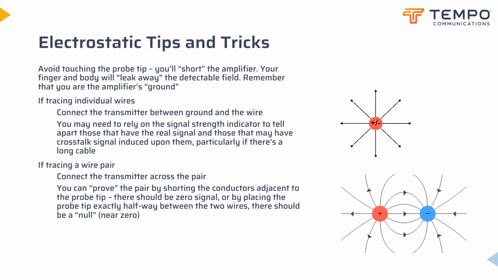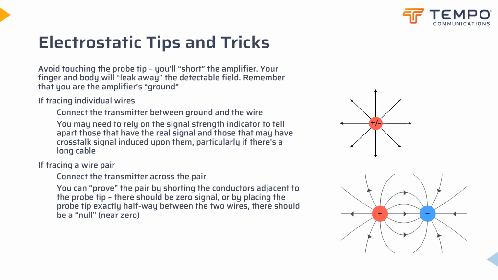It is important to remember that signal tracing amplifiers have very high impedance inputs. If you place your finger on the probe tip, remember that your hand is also the local ground reference for the probe. Then you will partially short the signal being detected.